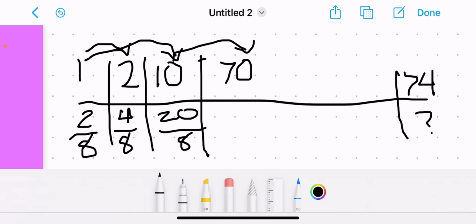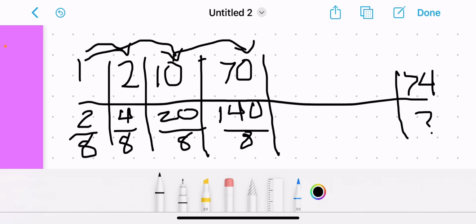I know that 7 times 2 is 14, and I'm finding 70, so my answer is going to end in a 0. And just like always, my denominator should stay the same. All right, the last step is I need to get to 74.